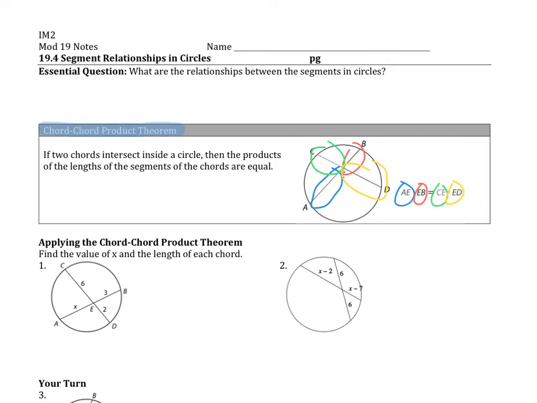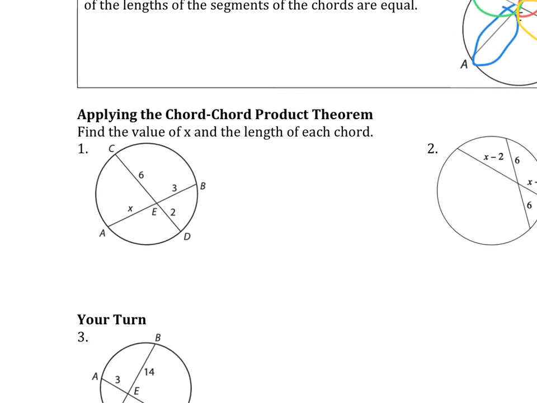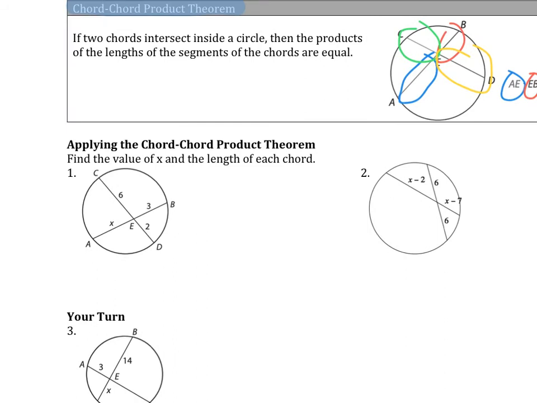So let's look at applying that. Let's look at number 1 here and go 6 times 2 is equal to 3 times x. Multiply that and I get 12 equals 3x. Divide by 3 and x equals 4.